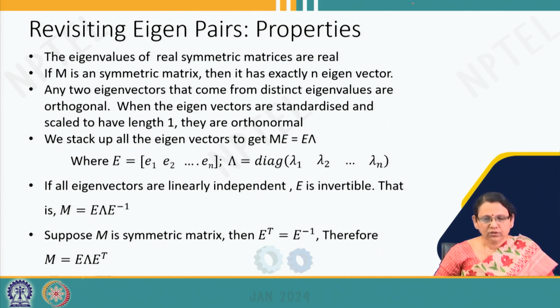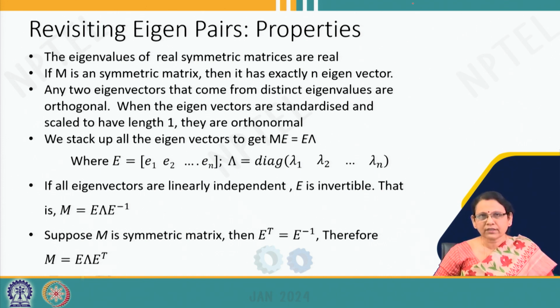Now, eigenvalues of real symmetric matrices are always real. If M is a symmetric matrix, then it has exactly n eigenvectors. When we talk about symmetric matrices, remember our covariance matrix is a symmetric matrix. Any 2 eigenvectors that come from distinct eigenvalues are orthogonal.